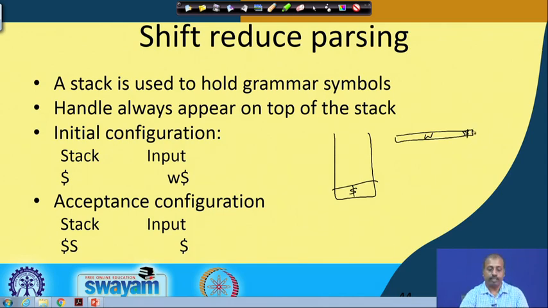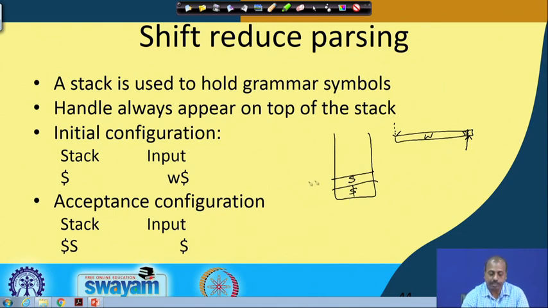The whole parsing routine will start with this particular configuration, and it will go to an acceptance configuration if at the end you find that the stack has got S in it, and the input pointer is here. Initially the input pointer was here, and after this parsing process, the input pointer has come to the end of the string, and the stack contains S followed by dollar.